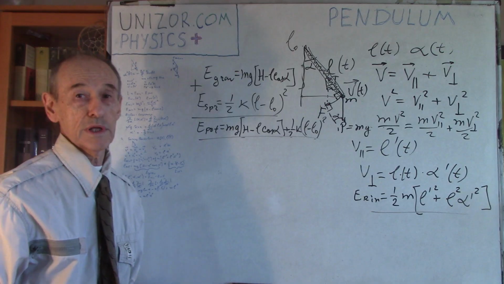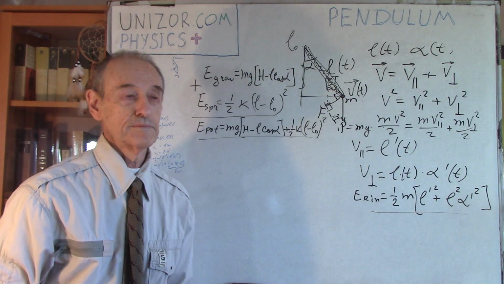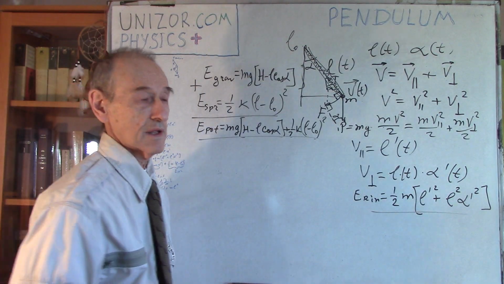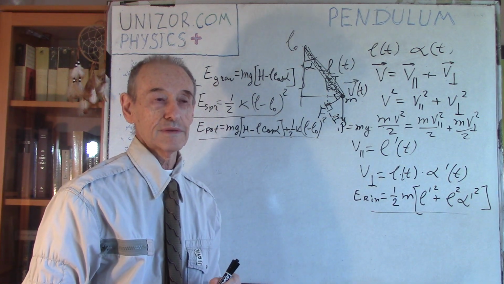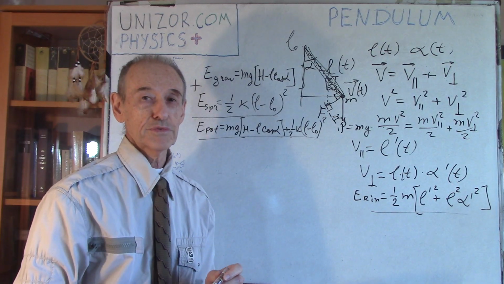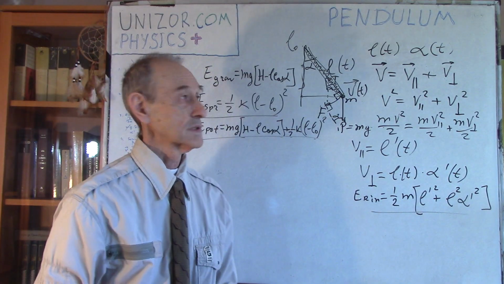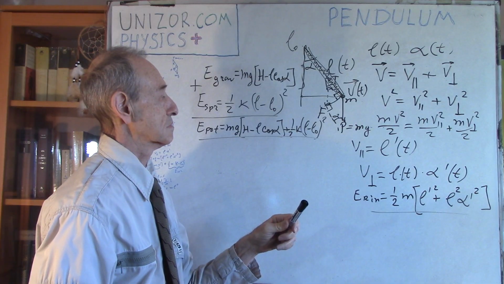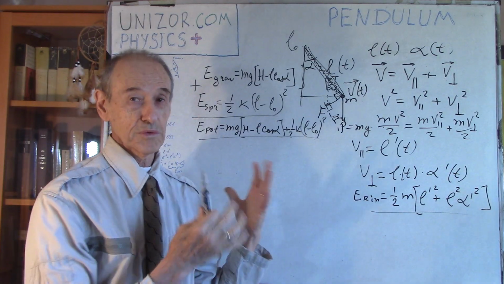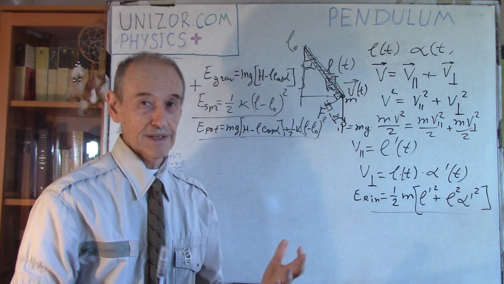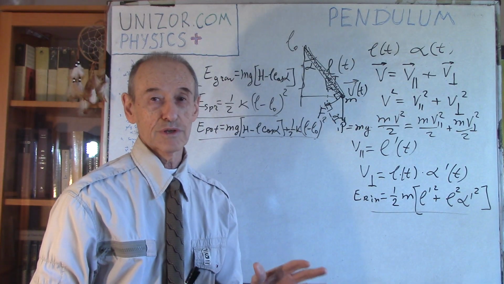So all we do right now is write down the Euler-Lagrange equation. The problem is that we used to have this Euler-Lagrange equation for problems with only one degree of freedom, one variable. Now we have two variables, L and alpha, the length of the spring and the angle. Well, the beauty of the whole thing with Lagrangian in complicated cases like this is that you can actually construct two different Lagrangians.